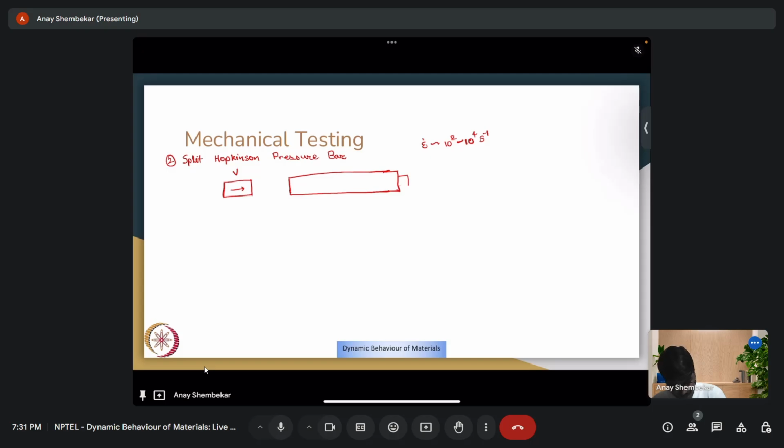small specimen, and you have the transmitted bar. There is usually a momentum trap somewhere here to take away some of the energy. I'll also draw this dotted line. This is called the striker bar. This dotted thing is your pulse shaper.